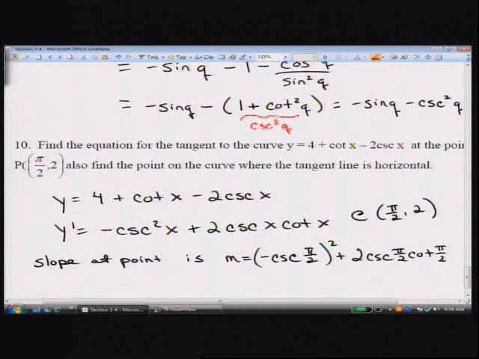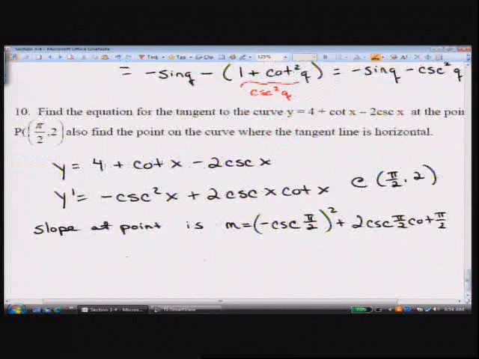All right, now you have a unit circle, you have a calculator, maybe you even have a brain that can tell you the cosecant of pi over 2. Cosecant is 1 over the sine. Pi over 2 is 90 degrees. On the unit circle, the y coordinate at 90 degrees is 1.